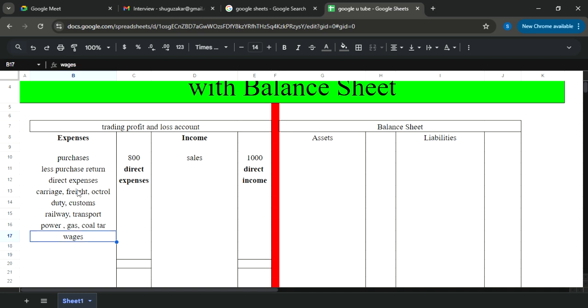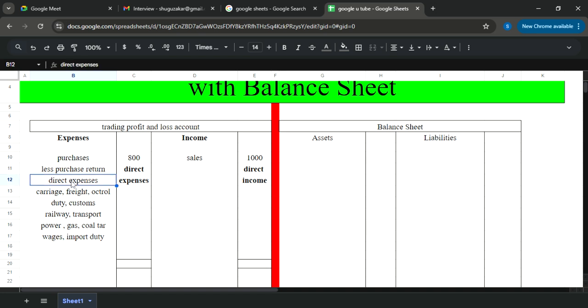And duty may include import duty. So almost all possible direct expenses I have written over here.